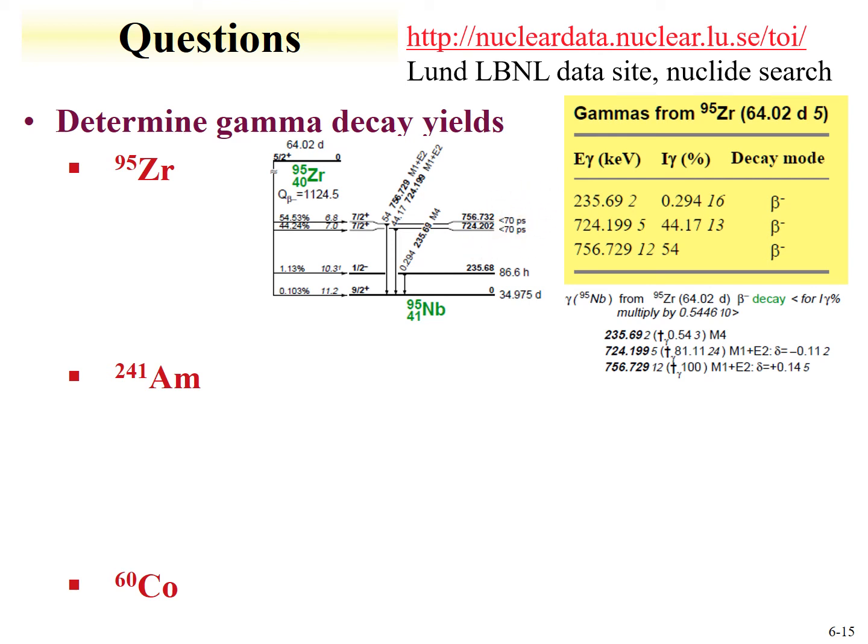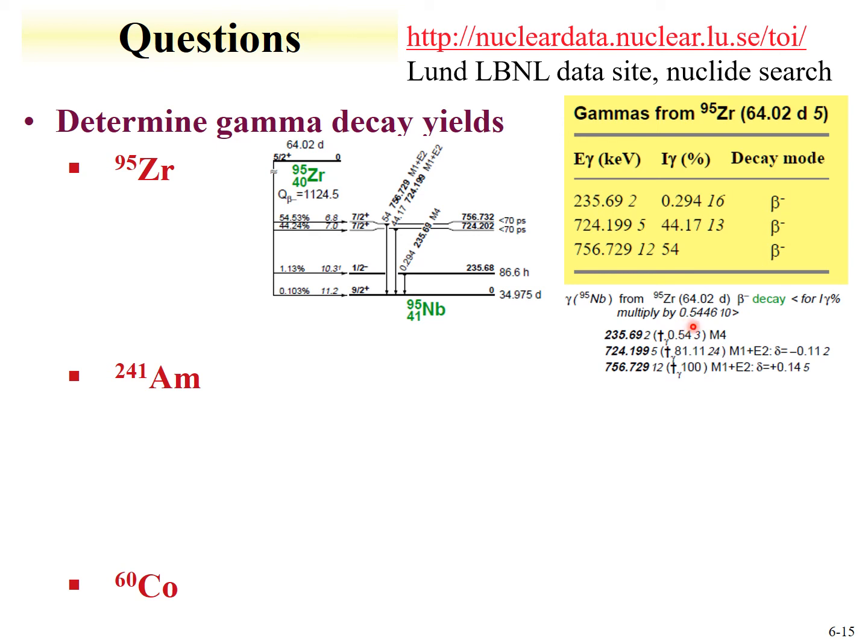You can also get the gamma decay yields from the table of the isotopes. So for instance, here's the gamma decay of zirconium-95 going to niobium-95, so it's populating the excited niobium-95 state. And we can get the photon intensity by multiplying the numbers in these brackets by the value that's listed here.